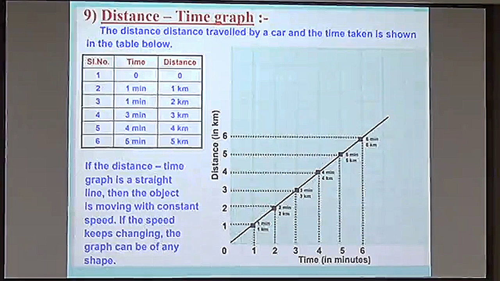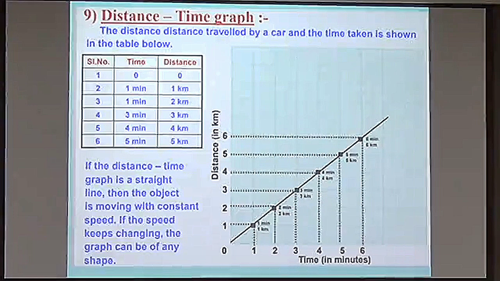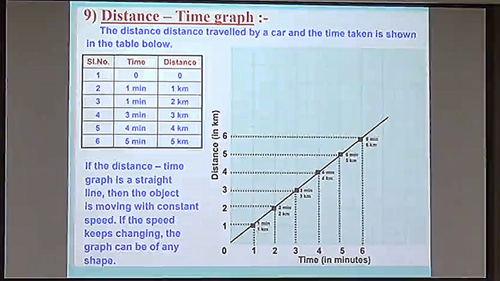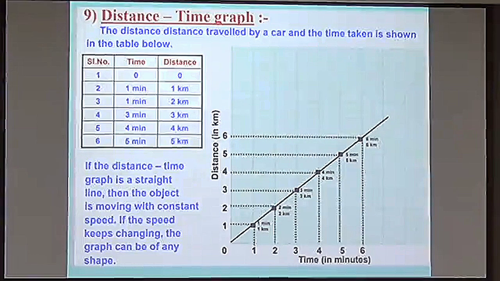Now we plot the values on the graph, and after marking the points, we draw the line which is passing through these points. So what do we see? We get a straight line graph. So if a graph is a straight line, then the motion is uniform, and if it is not a straight line, then the motion will be non-uniform motion.